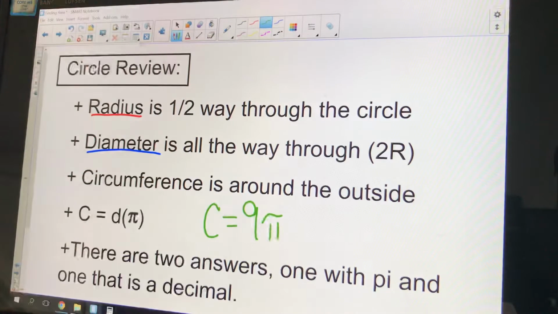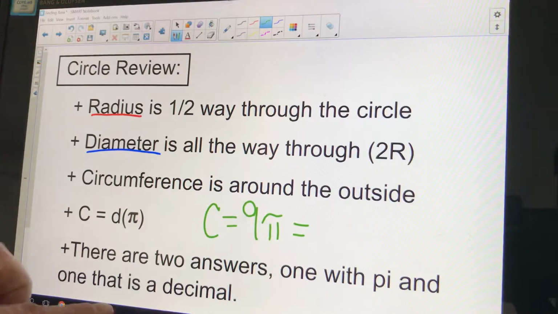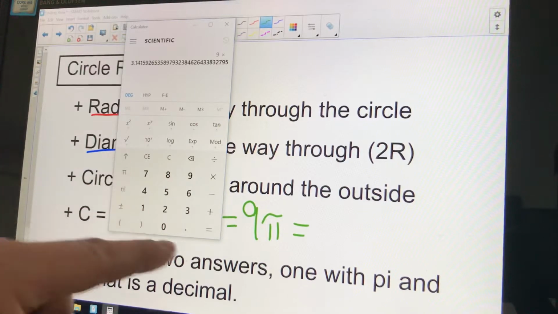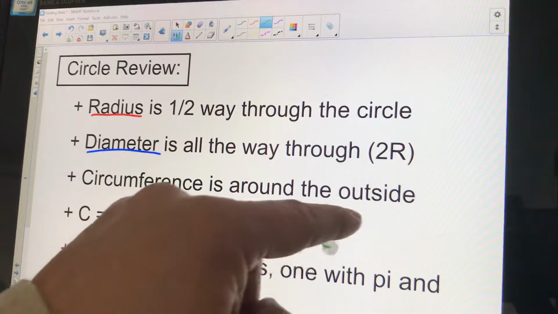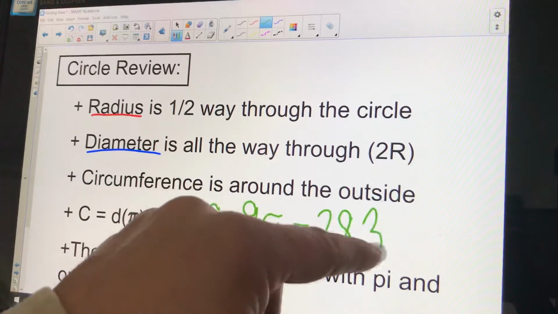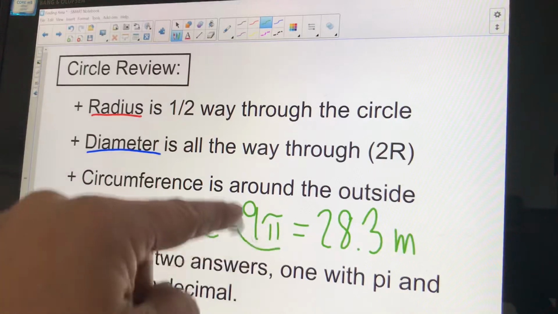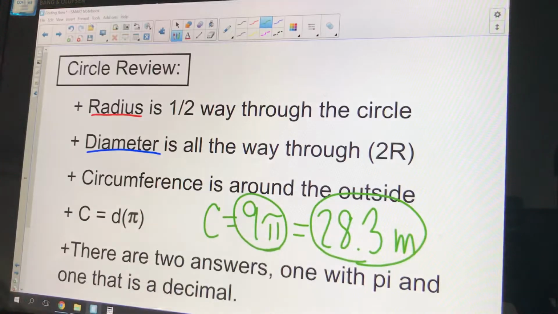I'm just making an example. And then there's the answer that is the decimal, where you take your calculator and you go 9 times the pi button, and we're going to round that to 28.3, and we'll just pretend it was meters. So two different answers, one where you leave it in terms of pi, and one where you actually come up with the answer.